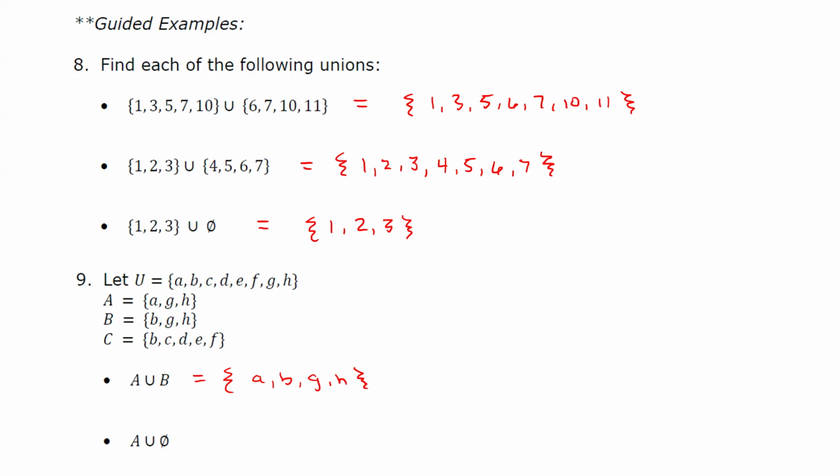I don't have to write 2 G's and then 2 H's, because those are the ones they have in common, so that would be in the intersection between the two. So I only have to write it one time. And then A union the empty set would be A, G, H, or in other words, set A. Okay.